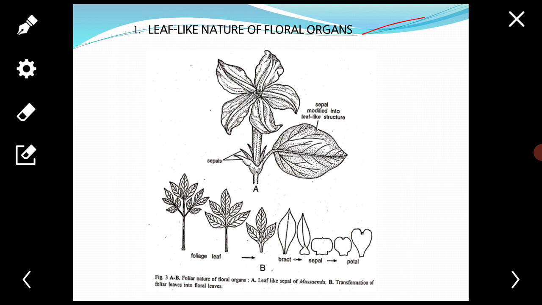The arrangement of floral leaves on the thalamus is similar to that of foliage leaves on the stem. Next, estivation. The estivation of floral leaves is similar to prefoliation of foliage leaves.